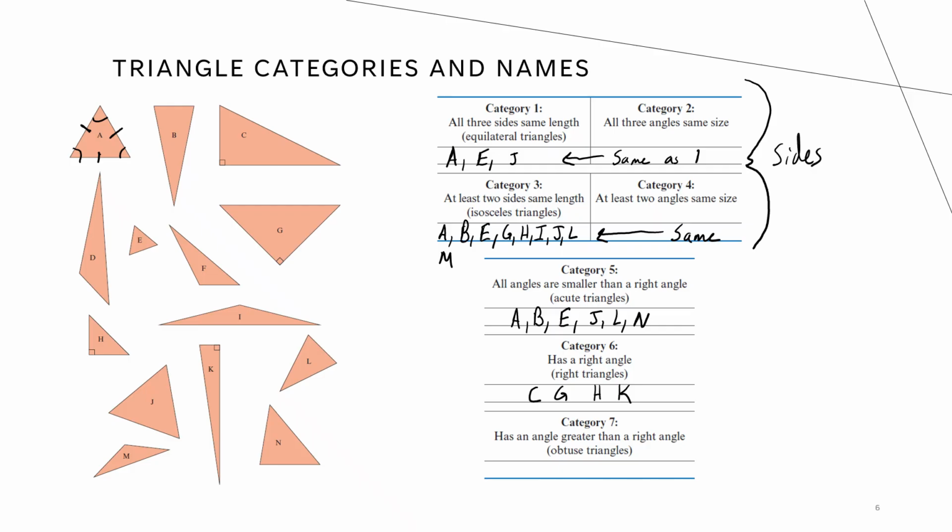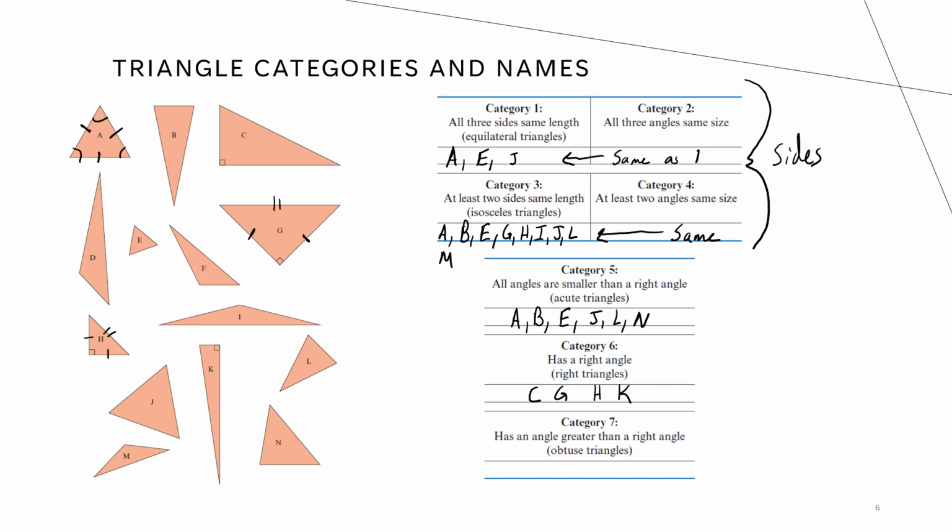A couple of them are isosceles. G and H are isosceles right triangles. But there are no equilateral triangles that are right.